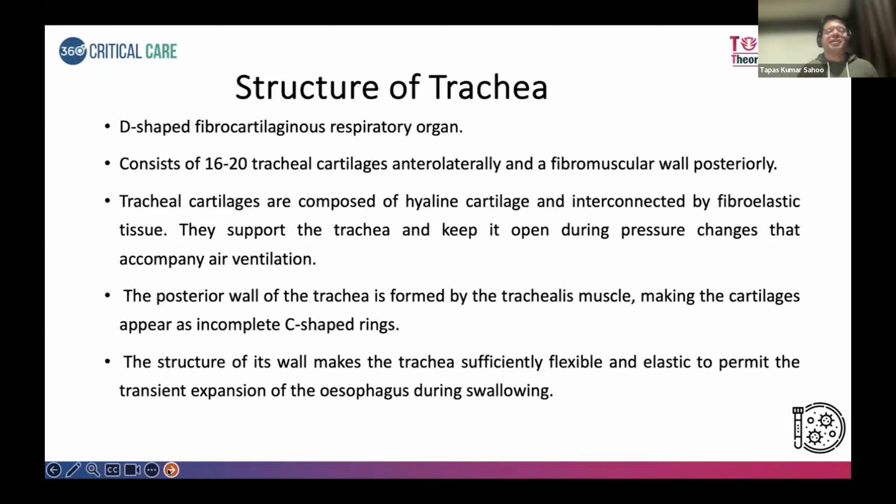That is the beauty of the trachea, the anatomy. If the backside were a very tough structure, the esophagus wouldn't get its peristaltic movement during swallowing. So the backside is the trachealis muscle, and that is very flexible, so you can swallow water or food without any impingement on the tracheal wall.